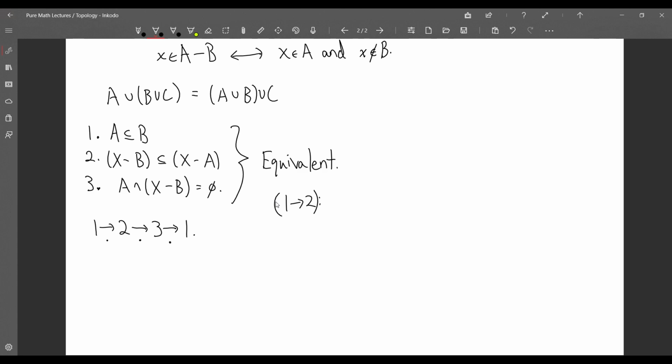So we want to prove that X minus B is a subset of X minus A, given that A is a subset of B, right? So let x be an element of X minus B. So this means, by definition, x is in X, but x is not in B.